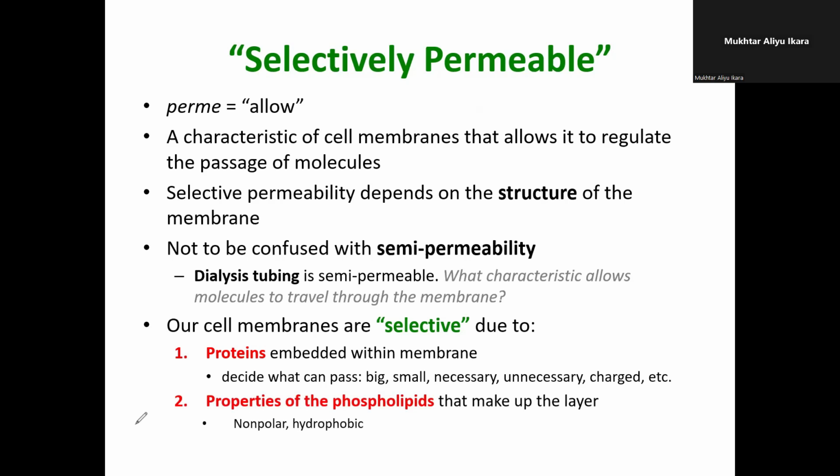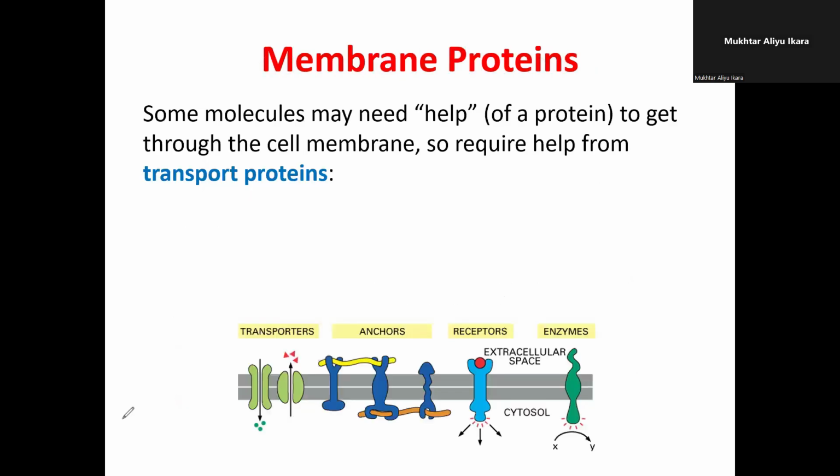The properties of the phospholipid determine how non-polar or hydrophobic molecules pass, exit, or enter the cell. So these are the two major biomolecules that make the cell membrane selective.